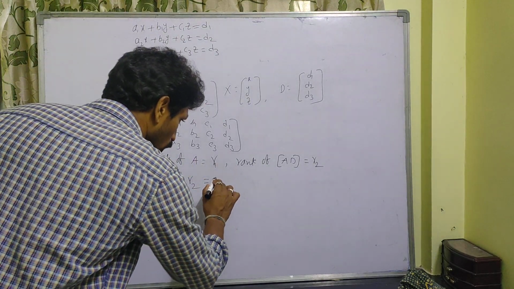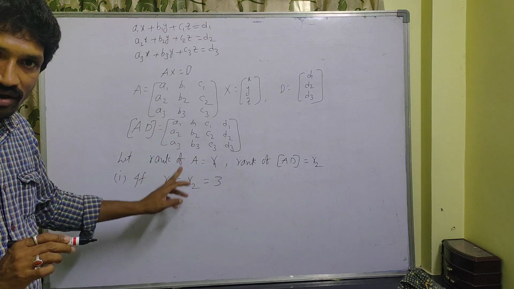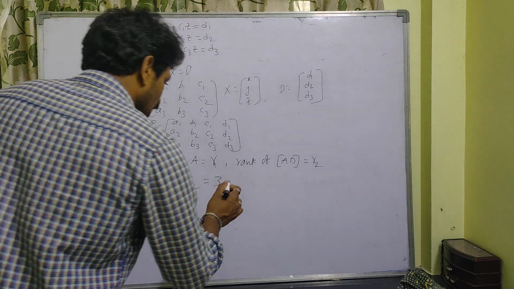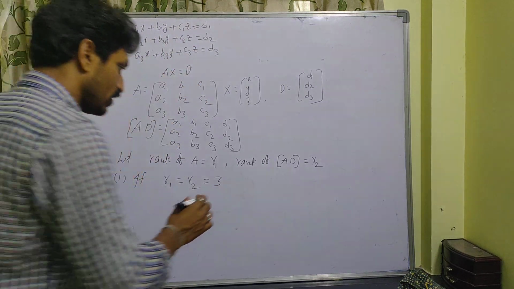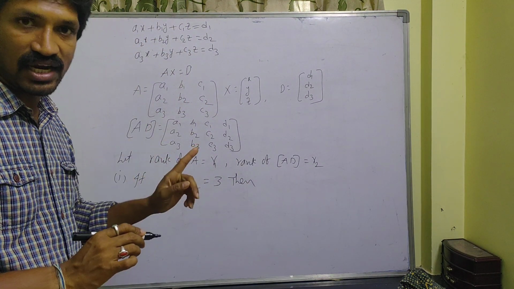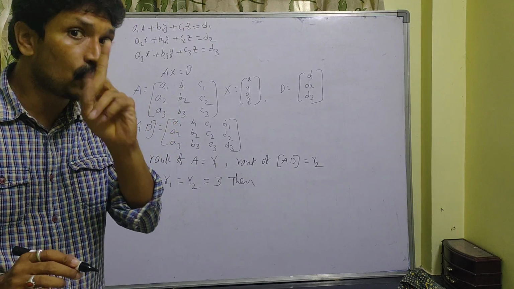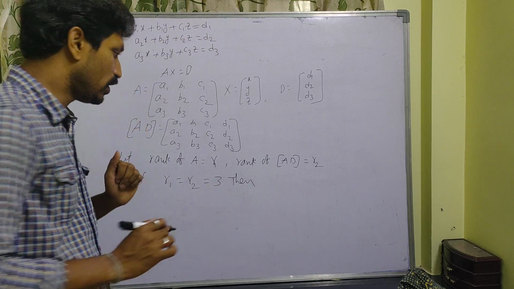So if this is equal to 3, rank of A is equal to rank of AD is equal to 3, okay, then the given system of equations is consistent and has a unique solution.